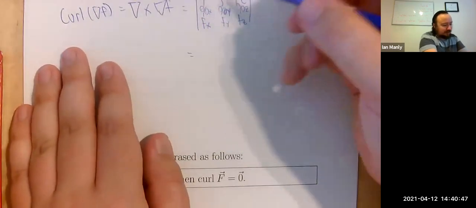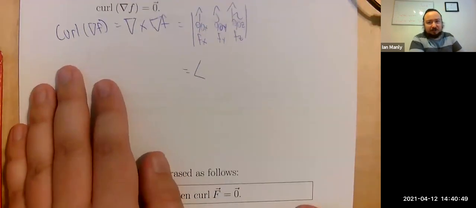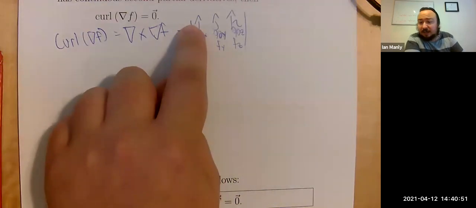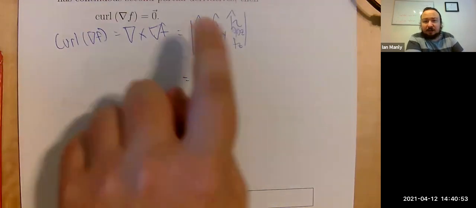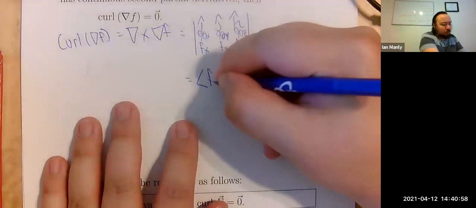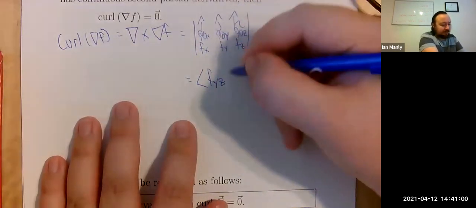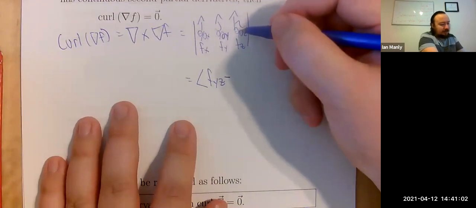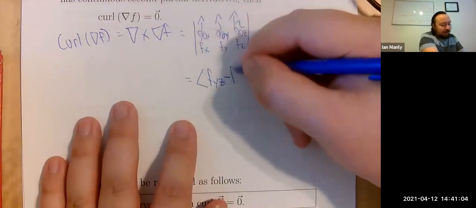All right, so let's go ahead and compute the components here. So if we look at the i hat component, we have partial y times f_z, so this will be f_zy because we did a y derivative. And then we subtract partial z of f_y.